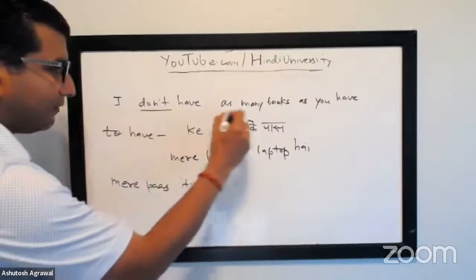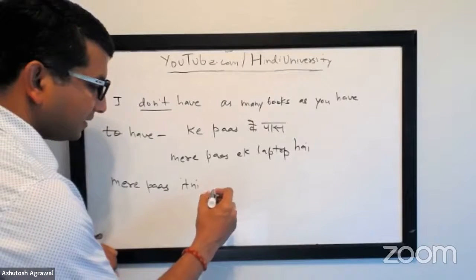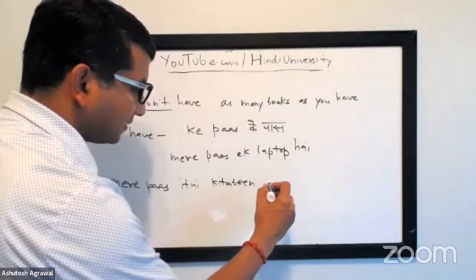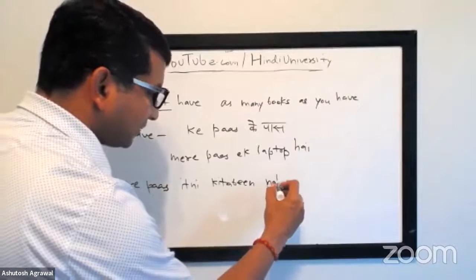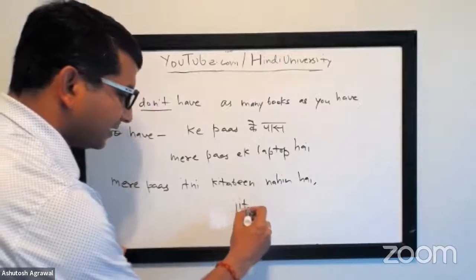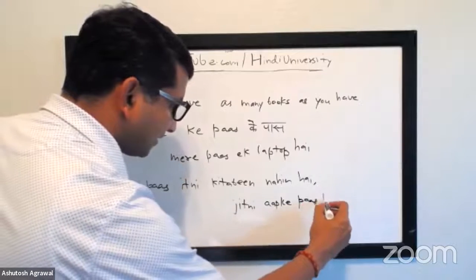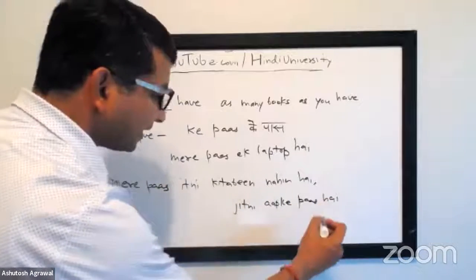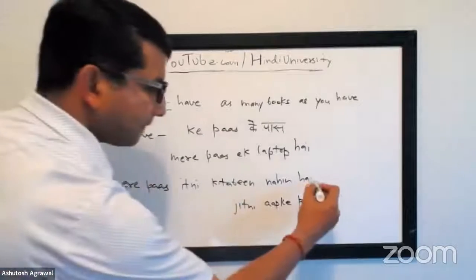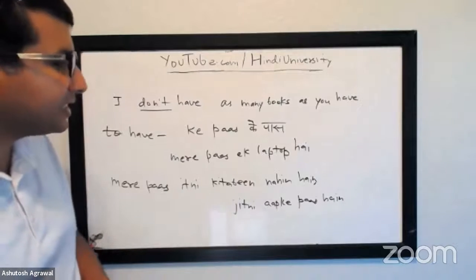I do not have as many books as you have. मेरे पास इतनी किताबें नहीं हैं जितनी, ओके, आपके पास है. वेरी गुड. मेरे पास इतनी किताबें नहीं हैं जितनी आपके पास है. ओके, मेरे पास इतनी किताबें नहीं हैं जितनी किताबें आपके पास है.